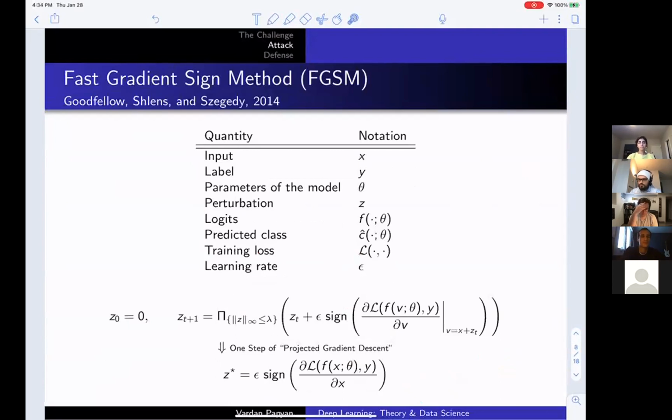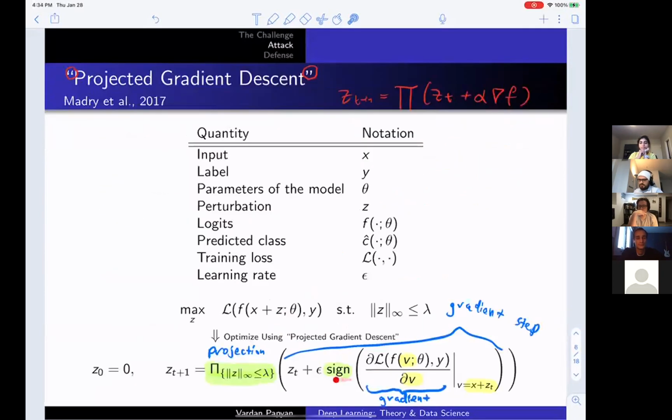Now, prior to 2017, there was another algorithm that people proposed in 2014. I agree with the statement, Amireza, but I also don't agree, because I think that if you solve this optimization without using a sign, overall the z would be bounded because of this projection, right?